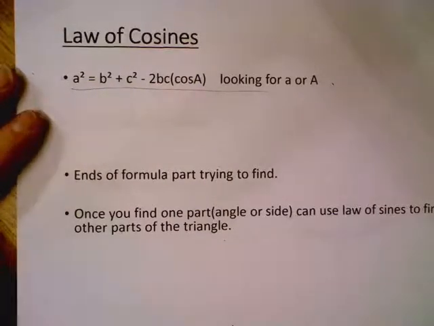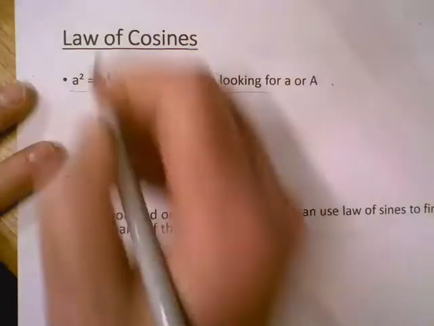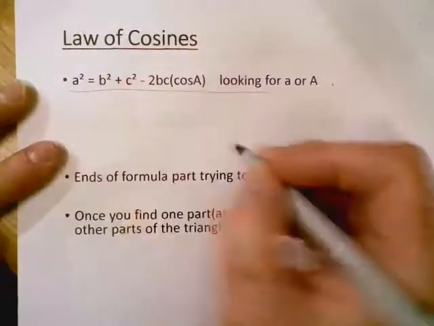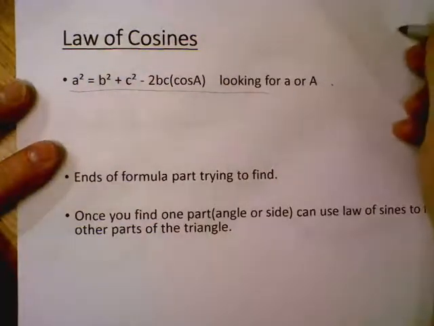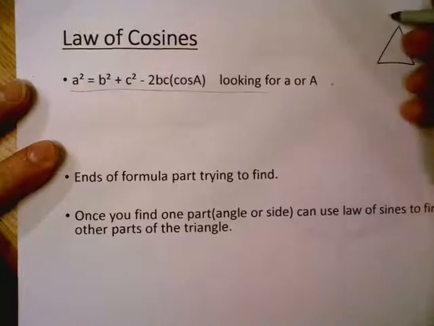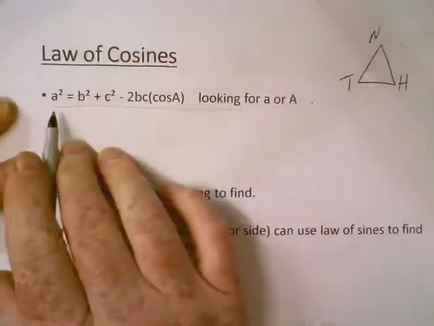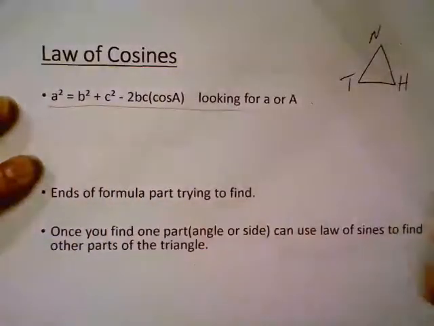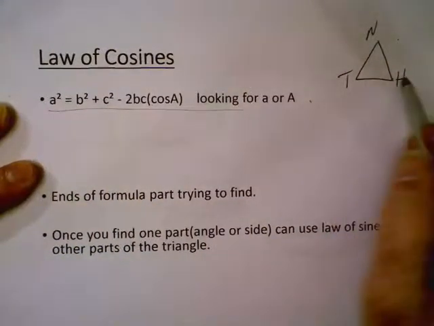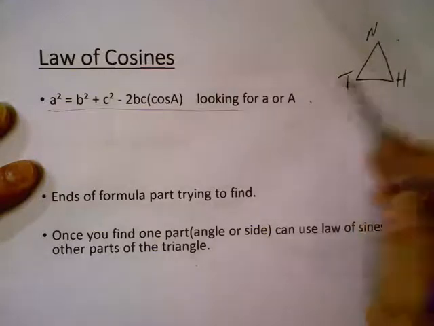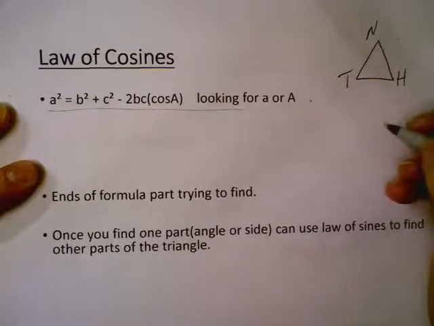With the law of cosines, first thing I'm going to say is, if we had a different triangle, like triangle NTH, these letters really don't mean a whole lot. A, B, C, they're just variables. It could be triangle NTH, could be triangle QRP, whatever the triangle is.